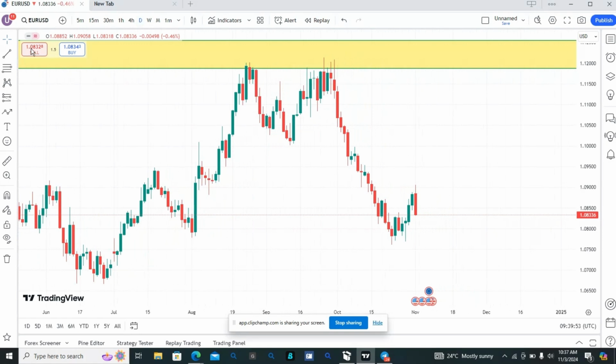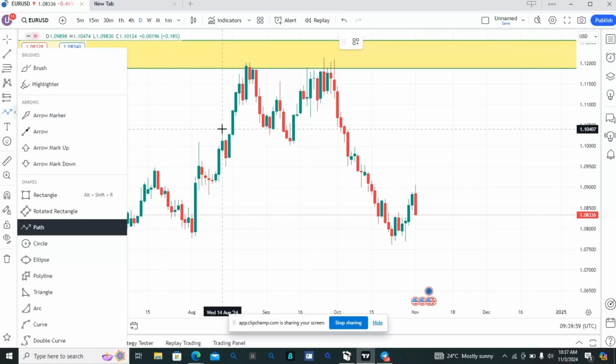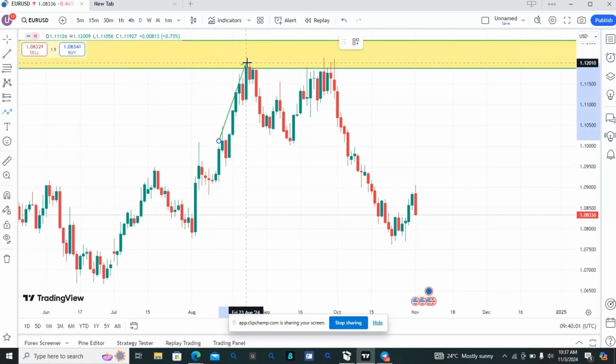When price comes to this zone, it forms a double top. Look at it. This is the first touch. It retraces back, and this is the second touch. A double top is a reversal pattern on the higher time frame. Once you see it on the higher time frame, take it seriously. It's very, very valid.